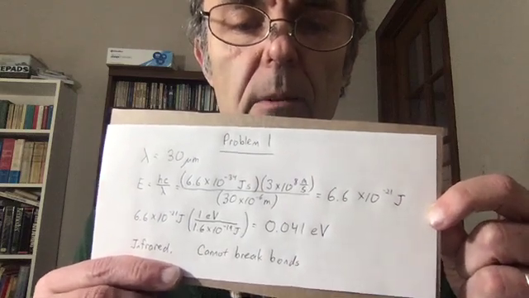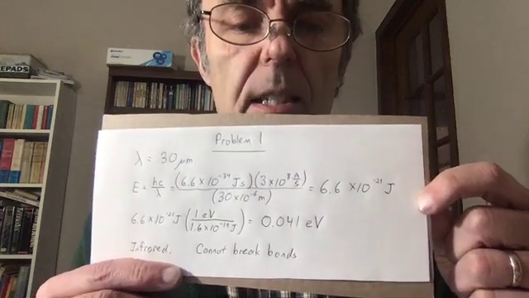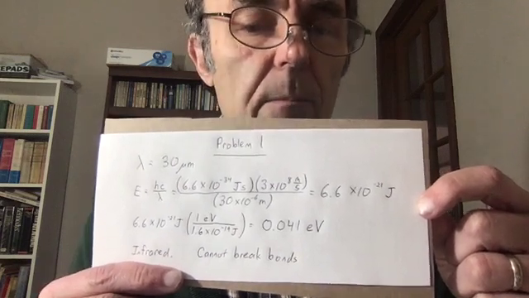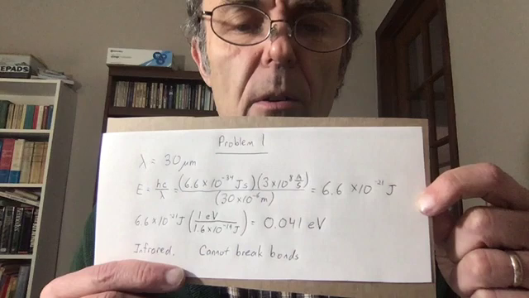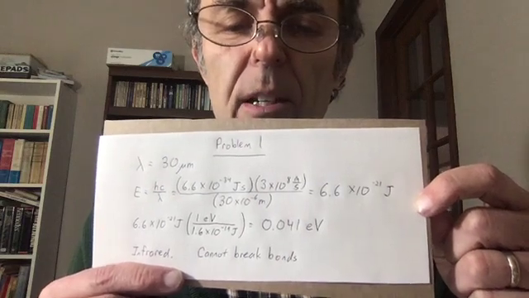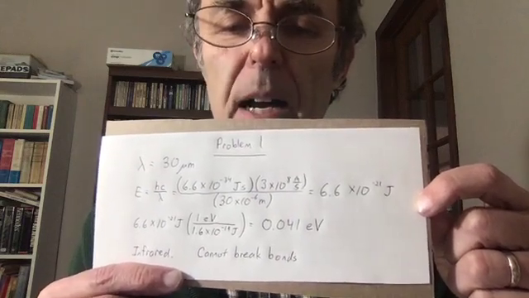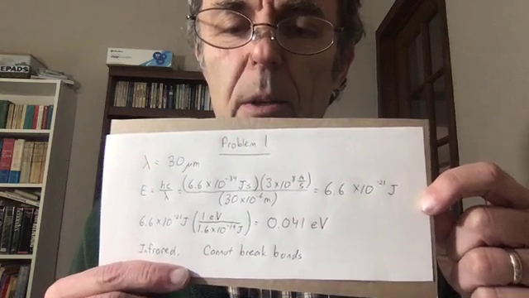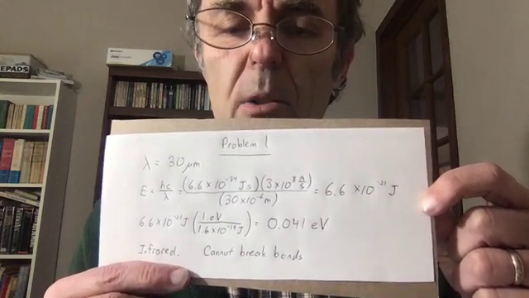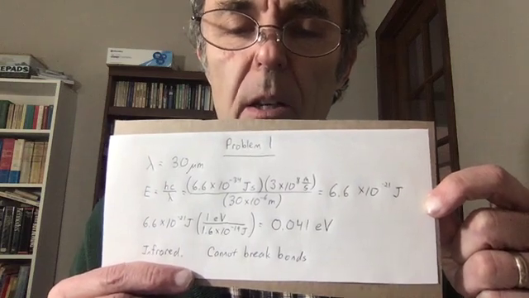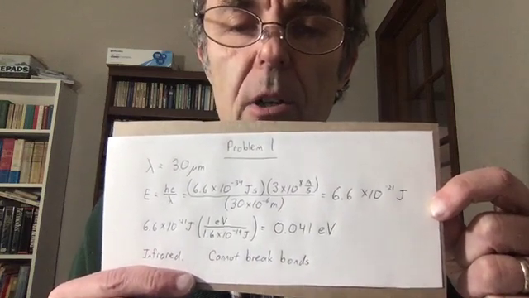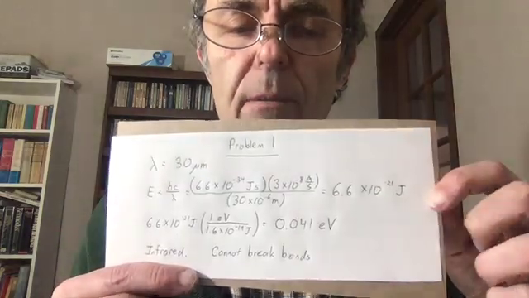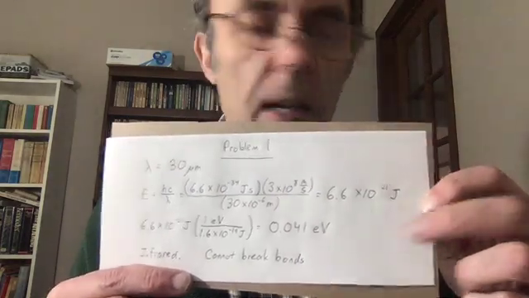Okay, the other thing we need to remember is 30 microns is right in the middle of the infrared part of the electromagnetic spectrum. And 0.041 electron volts is not going to be able to break bonds. You need 10 to 100 electron volts to break a bond. 0.041, that's way too low to be talking about breaking bonds. So you end up getting 0.041 electron volts, that's infrared spectrum, cannot break bonds.